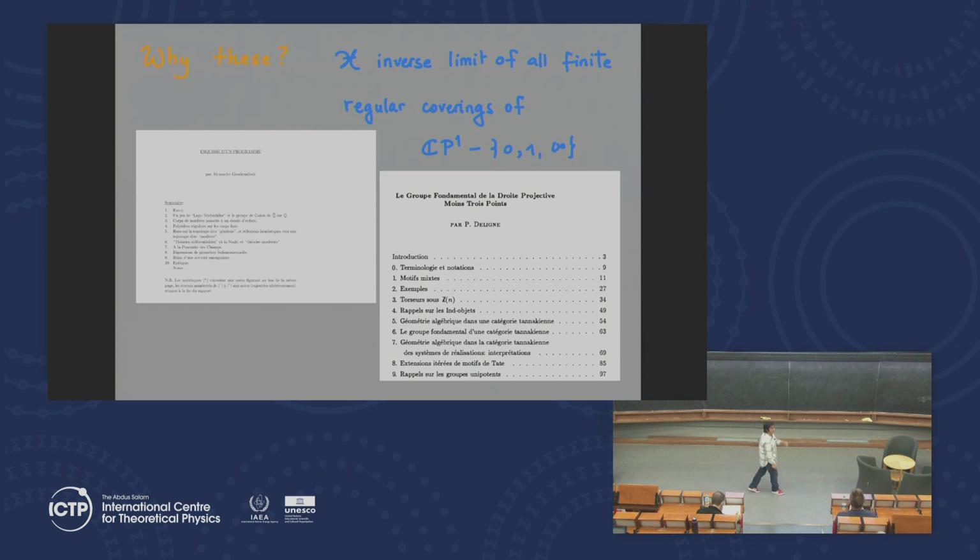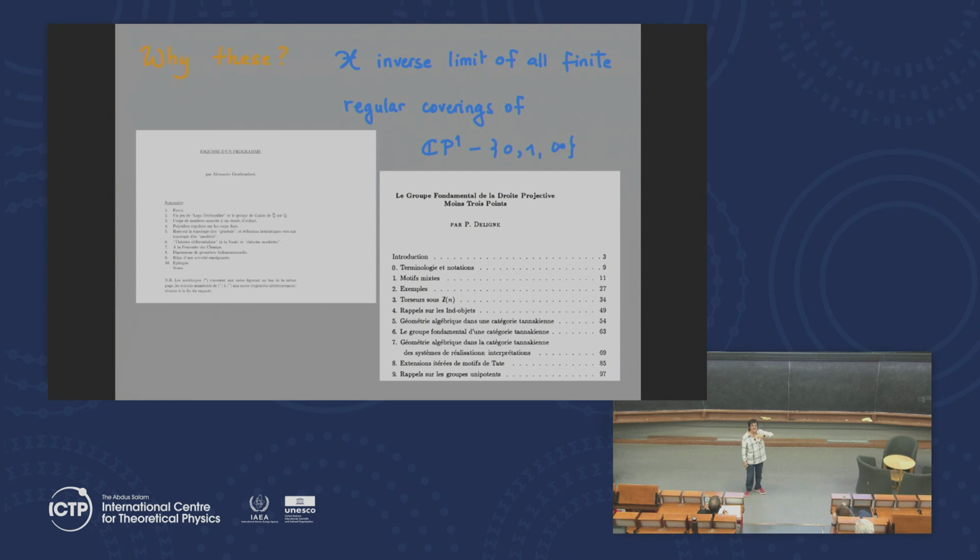So why did we go down this particular rabbit hole? That's the answer to your question. What's the one example we love? It's the inverse limit of all finite regular coverings of the sphere minus 3 points. And why do we love this example? Because of this beautiful text, it's not really a paper, by Grothendieck from the year 1984, a sketch of a program.